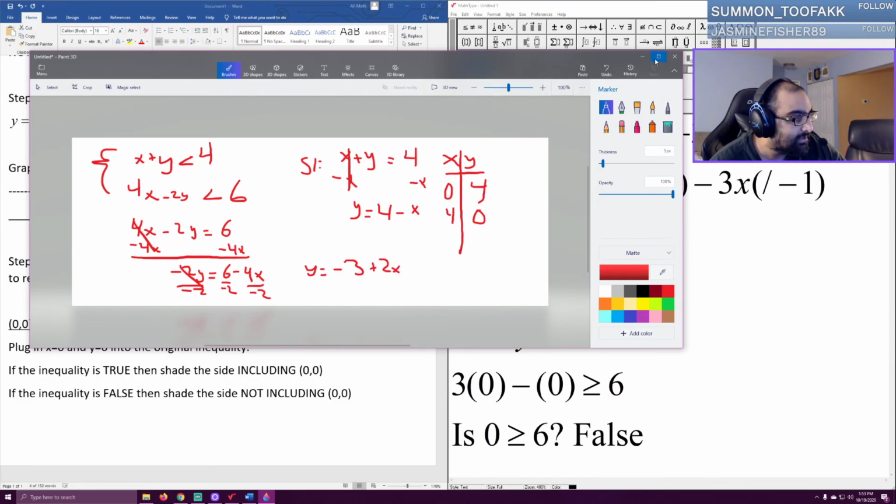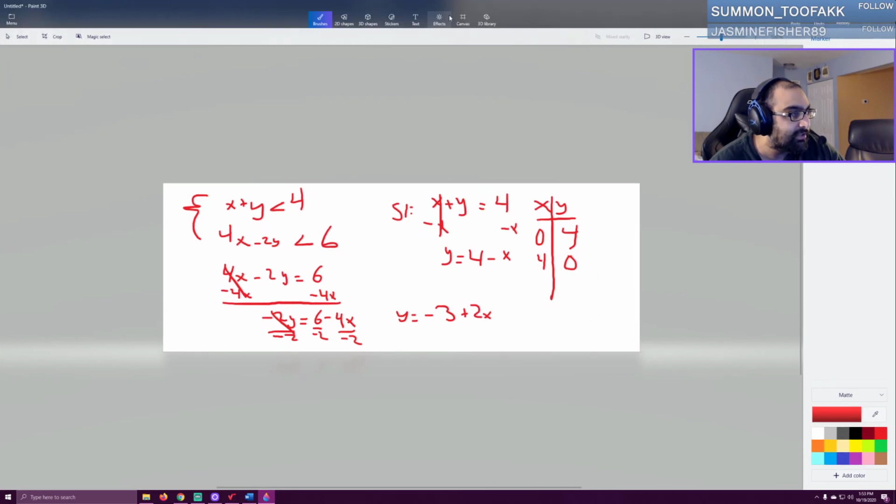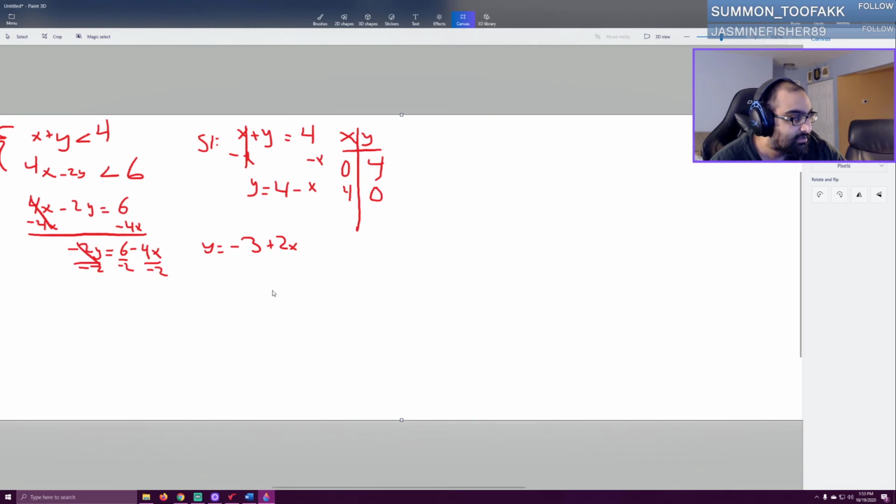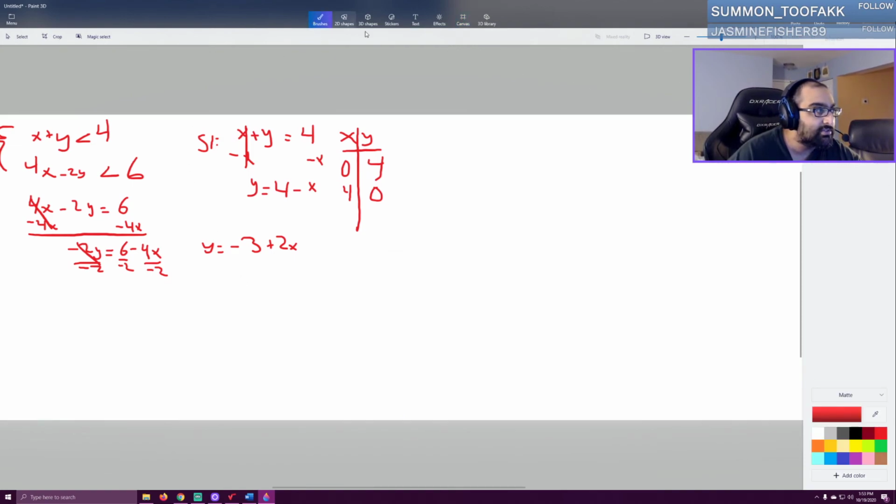All right. Expand on this a little bit so we can see the whole canvas. And then we're going to go ahead and make an XY chart for this.